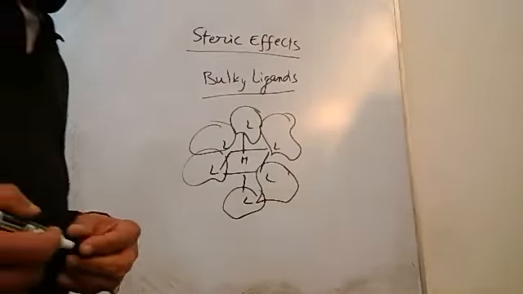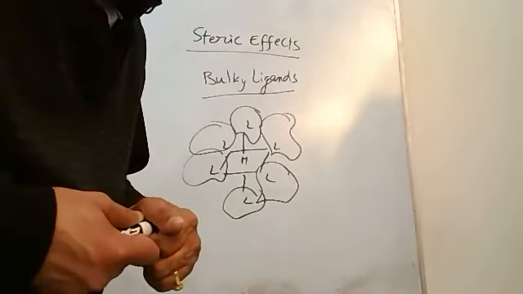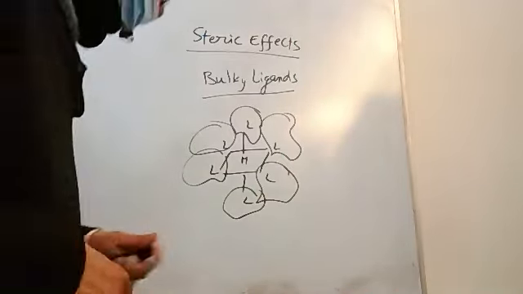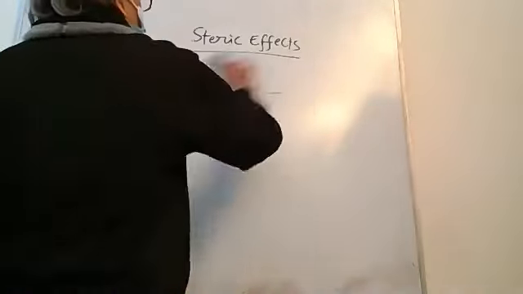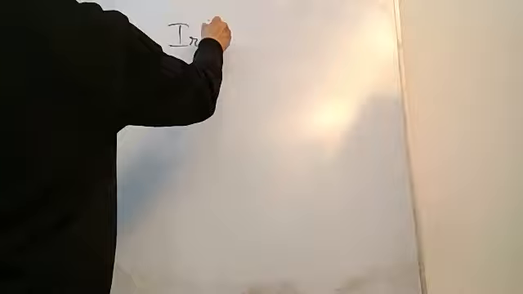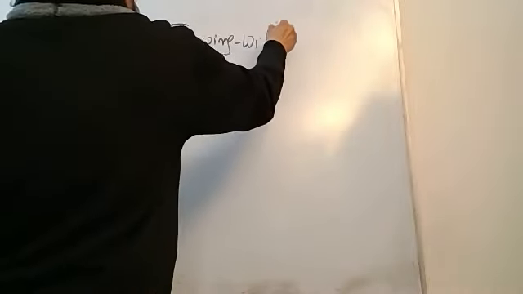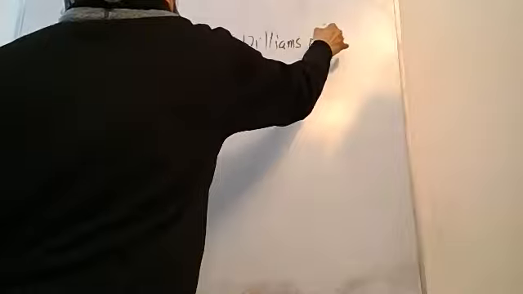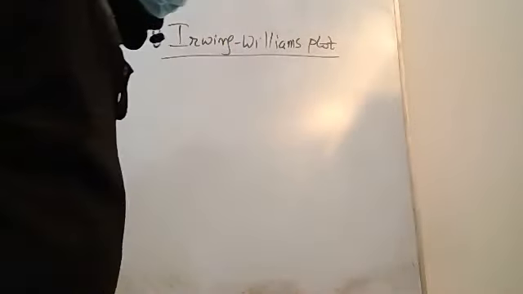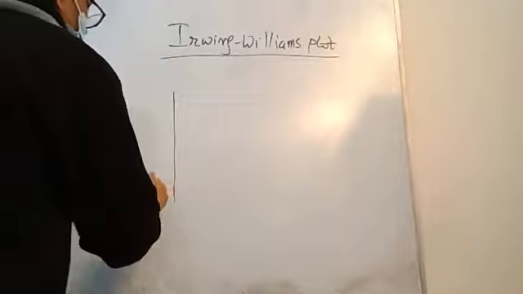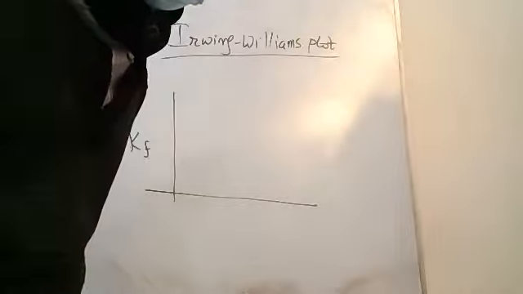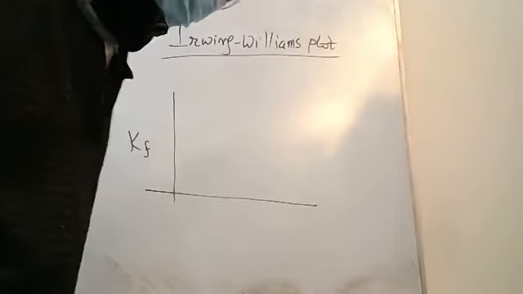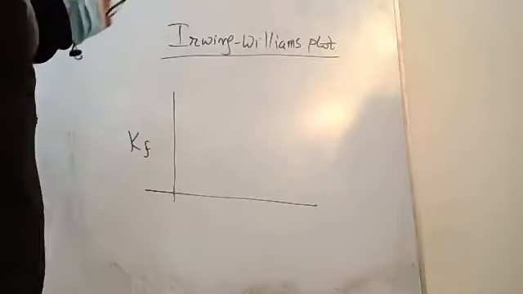All right. So based on the stability of these complexes, we have what we call the Irving-Williams plot. Here what you do is you look at the relative stabilities of complexes as a function of their position in the periodic table.